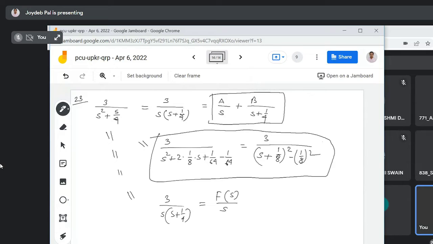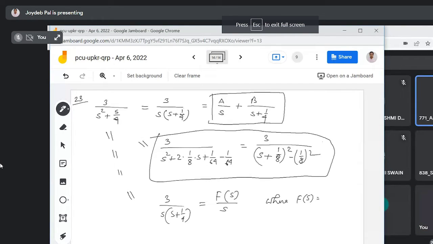Can I think of it as F(s) by s? So what will F(s) be? 3 by s plus 1 by 4. That is the new one.